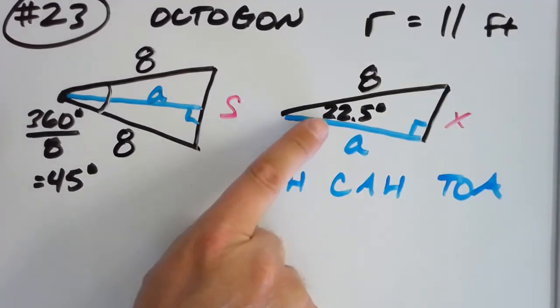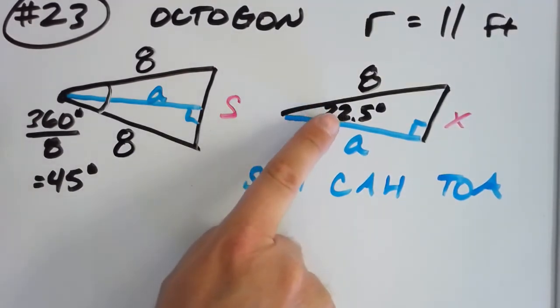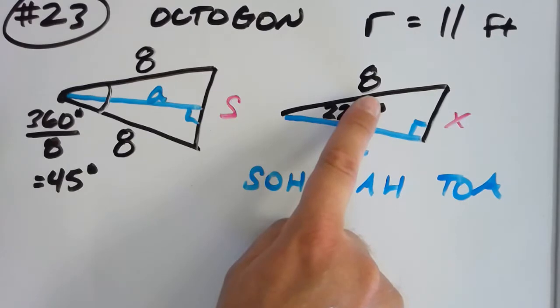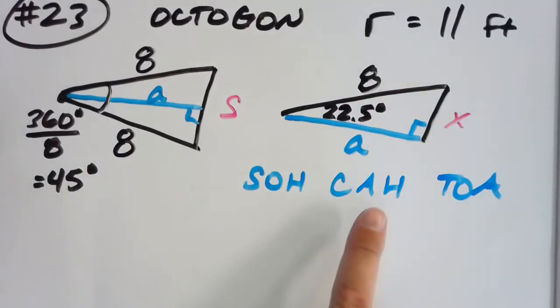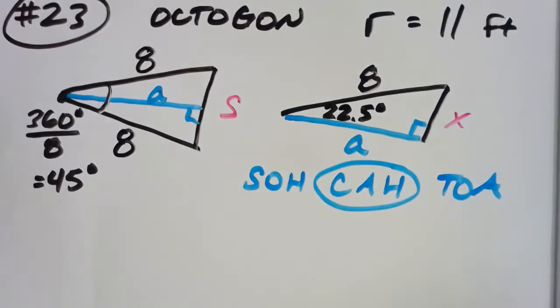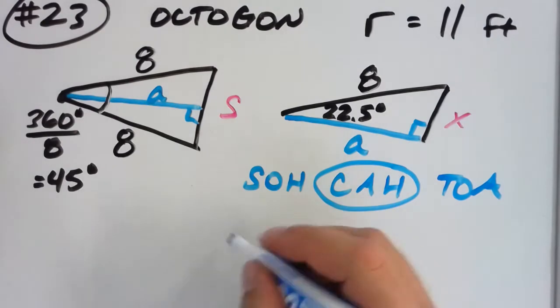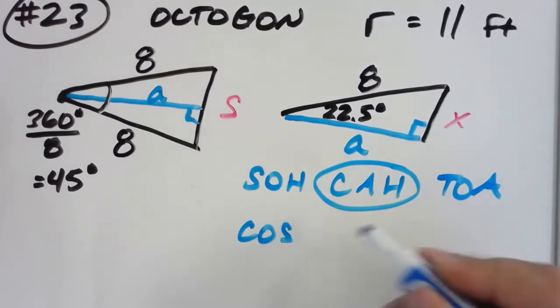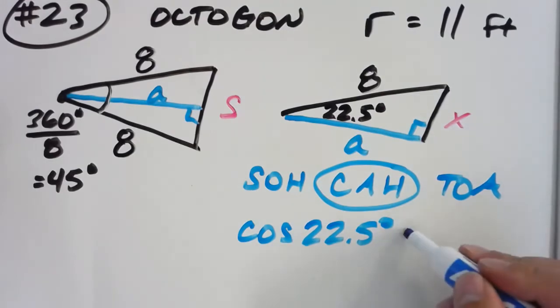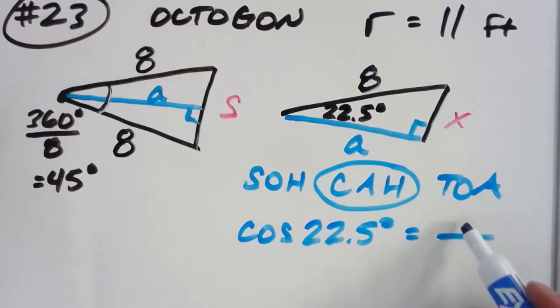So I have this angle. I have my hypotenuse, right? Apothem is the adjacent side to this angle. So adjacent for A, and then hypotenuse will be H. I'm going to be using CA, or cosine, for my apothem work. And so that C for CA is going to be cosine of that 22.5 degrees is going to equal adjacent over hypotenuse in this fraction.